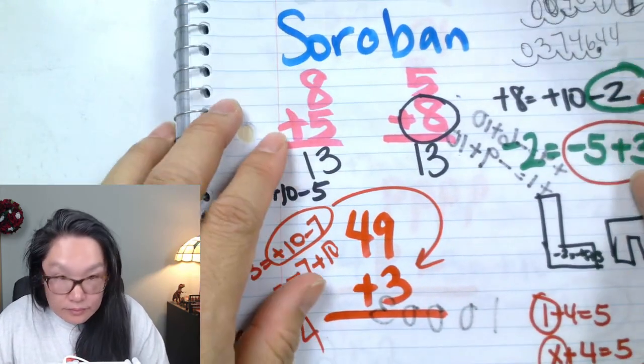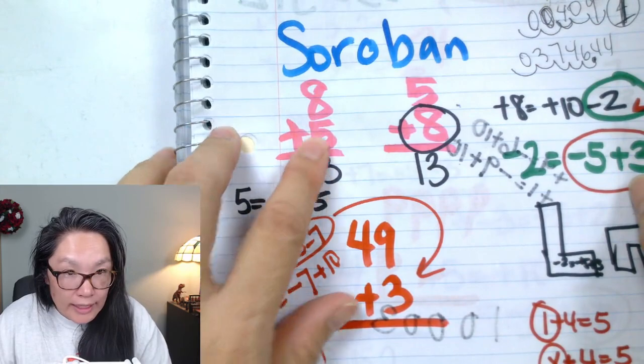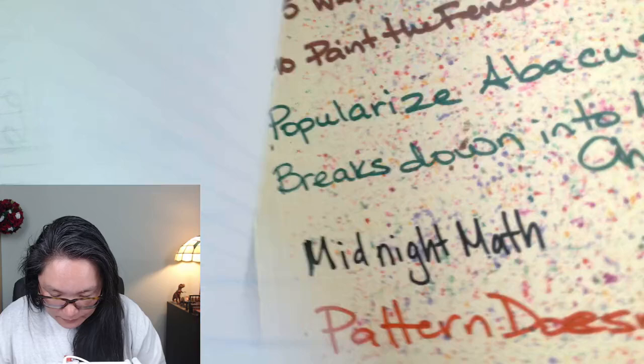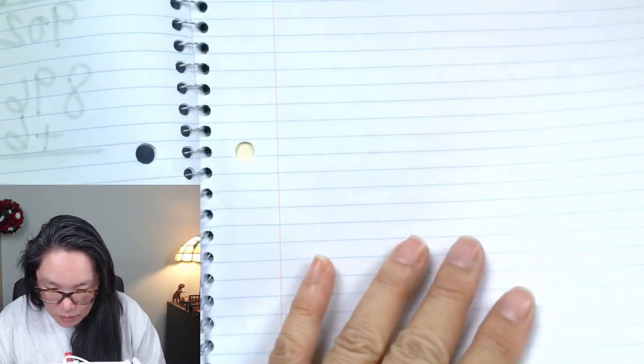We're going to look at 8 plus 5 and 5 plus 8.